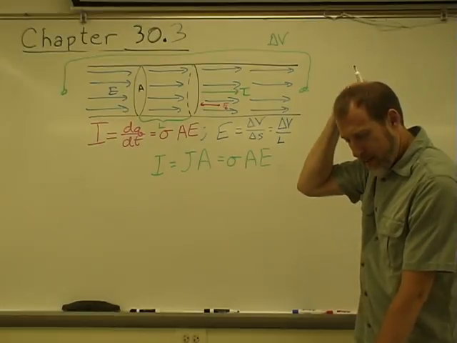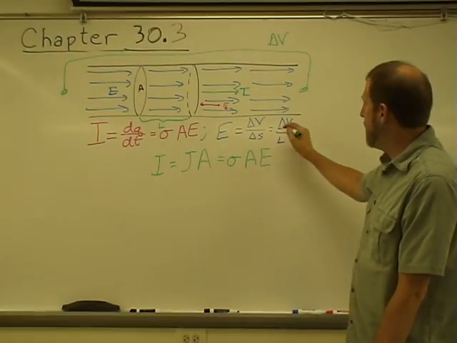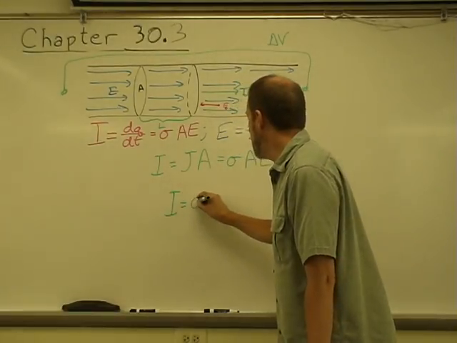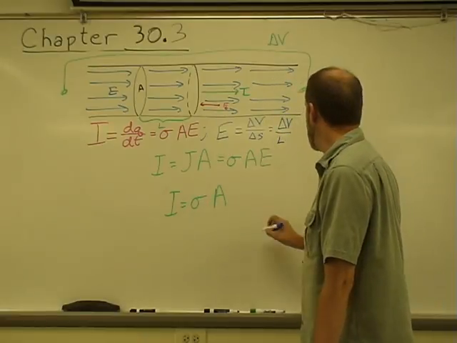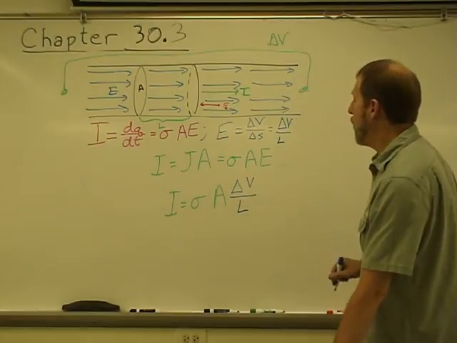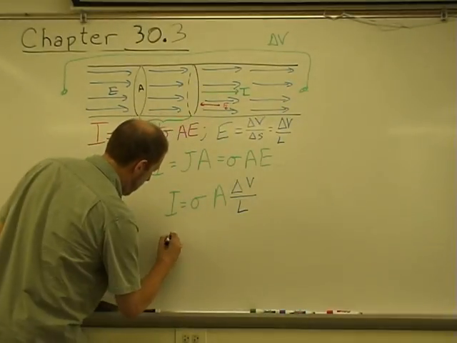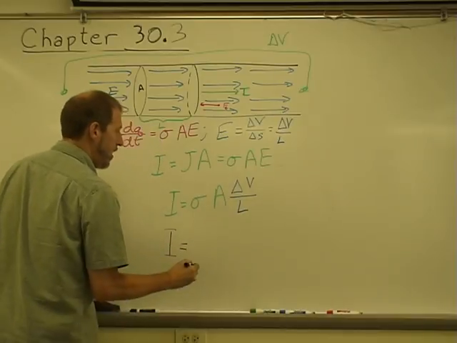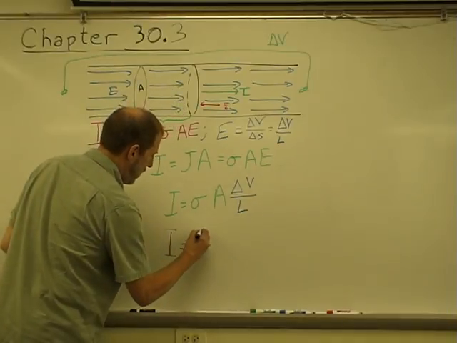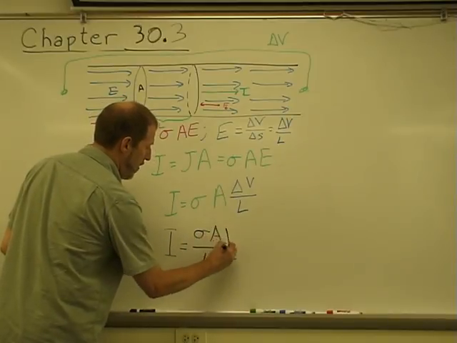Now, if I look at these two things, let me put this in for the electric field so that the current is equal to the conductivity times the cross-sectional area times the change in electric potential over the length L. So the current is equal to the conductivity times the cross-sectional area divided by the length of the thing that I'm looking at.